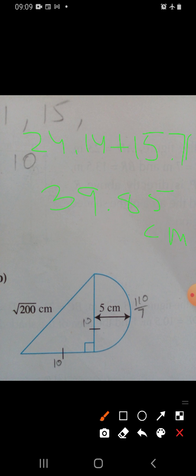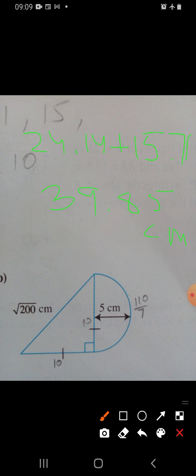Now we will move on to the area of this figure. To find the area, first we find the area of the triangle and add it to the area of the semicircle.